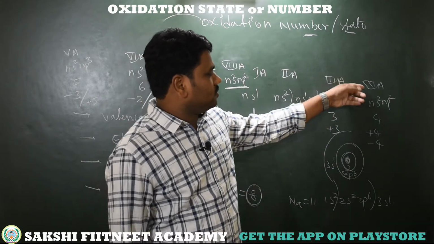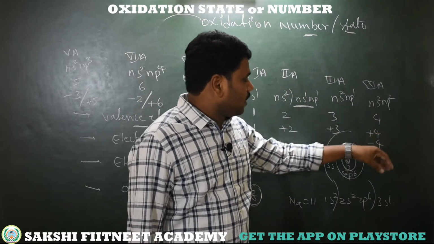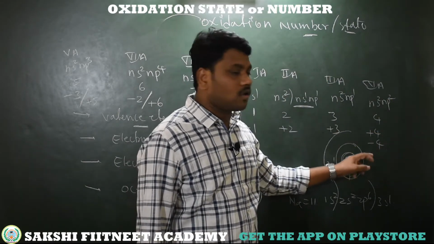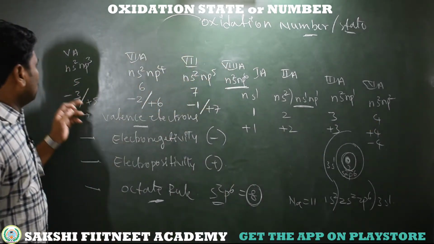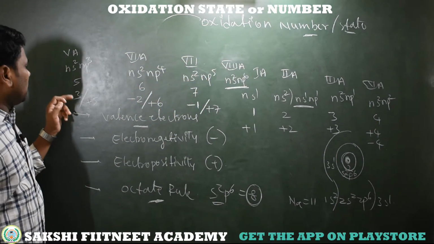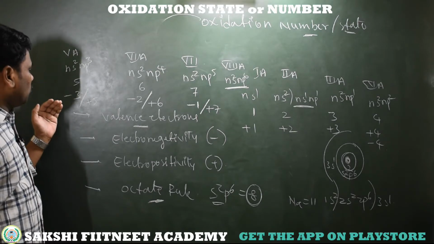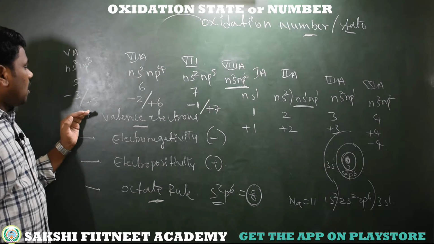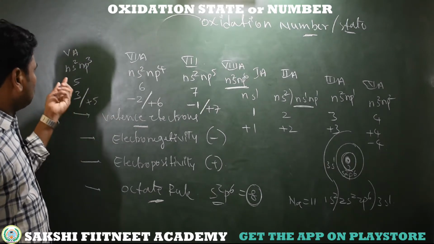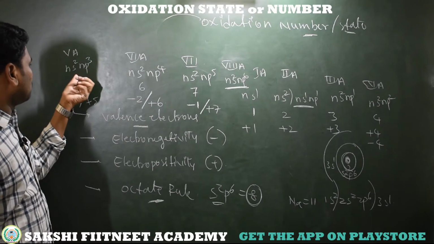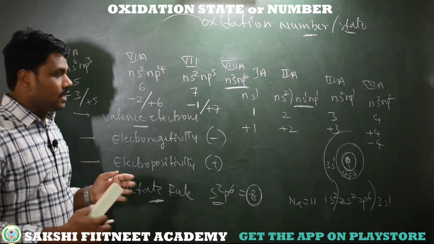Now the fourth group, which is intermediate between metals and non-metals, can give -4 or +4 depending on the compound. Coming to the fifth group, ns2 np3, with 5 valence electrons and more electronegative, they can give a -3 oxidation state or up to +5, based on electron transition from s to d, which we will discuss while writing examples.